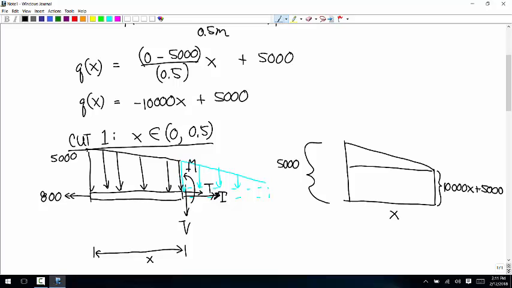So 5,000 minus this quantity gives you a value for this triangle. That should be negative 10,000. Thank you. So the height of this triangle is positive 10,000x.